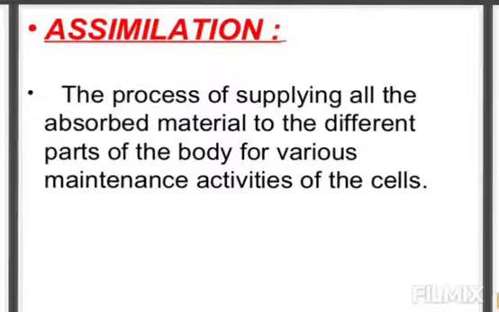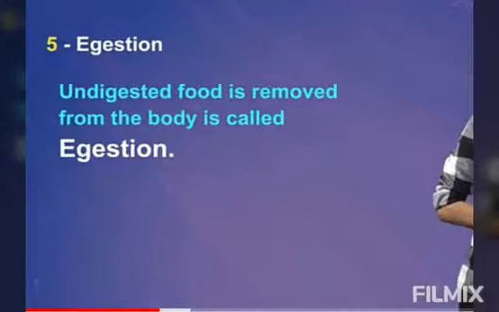Now we come to the last step, that is known as egestion. Now there will also be some waste products in the body. Whatever food we have eaten will not all be useful; some waste material will also be present, so that has to be removed from our body. And the process of removing the undigested food materials from the body is called egestion. So the process of removing undigested food material from the body is known as egestion. So these were the 5 steps of nutrition in animals.